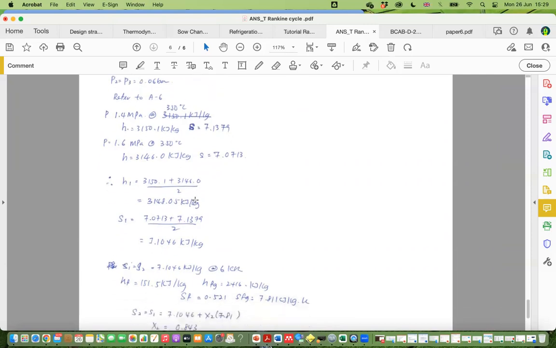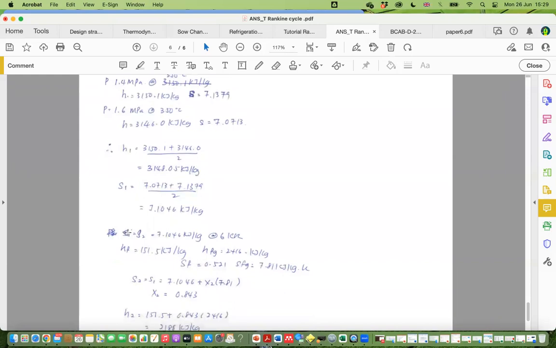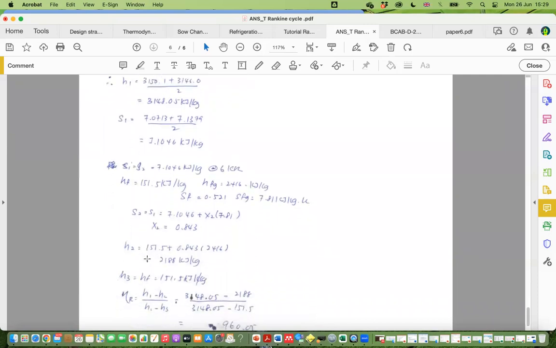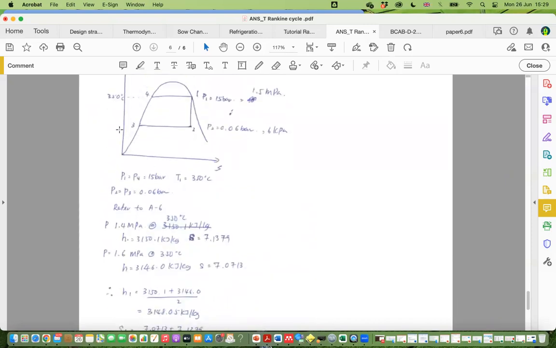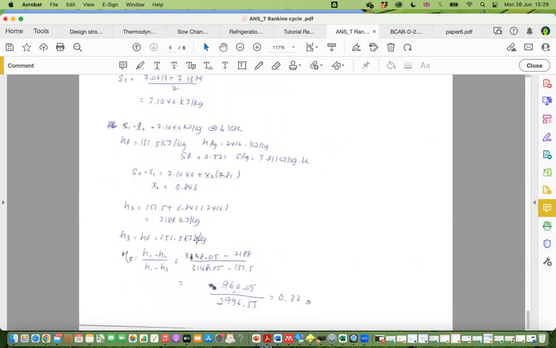Same for S1. Because S1 equals S2, we use the same way to find the fraction. Once you have the fraction, you find the enthalpy of point 2. Because point 3 is hf, we find it from the table, get the value, plug in everything, and you can get your efficiency.